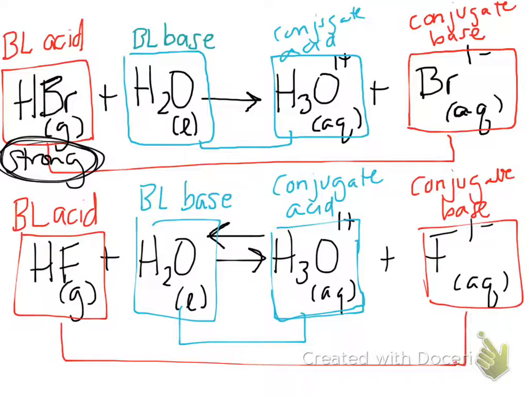It gives up that proton. It wants to give up that proton. It wants to act like an acid. It's not taking the proton back. It is absolutely not taking the proton back. This is David giving the fly rod to Clay. The bromide ion is not going to get its proton back.